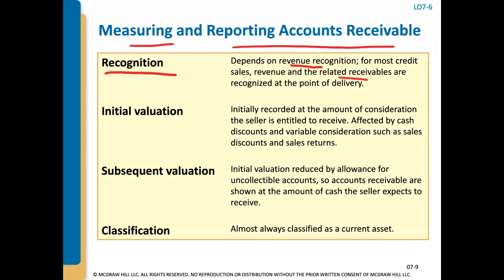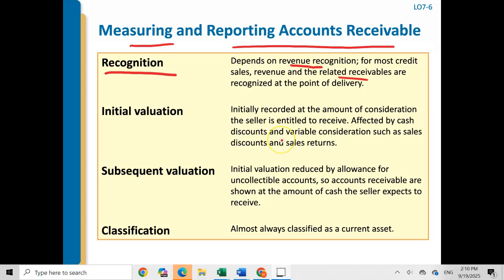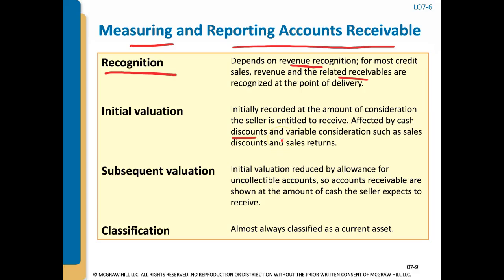So we earn our sales on credit, and then we record our accounts receivable. And then we say, okay, are there any discounts that are going to be taken? And we don't know that until it actually happens. And are there any sales returns or sales allowances that we should reduce our accounts receivable by?